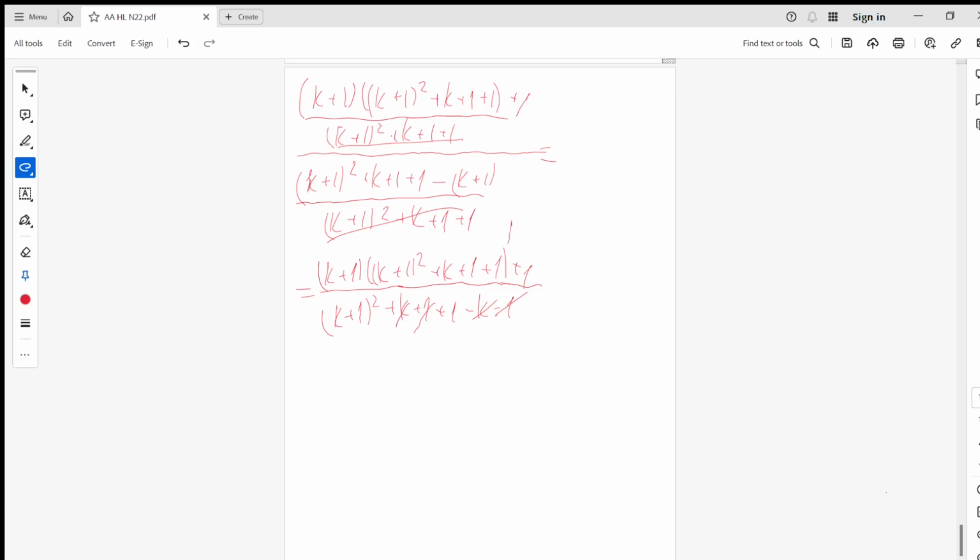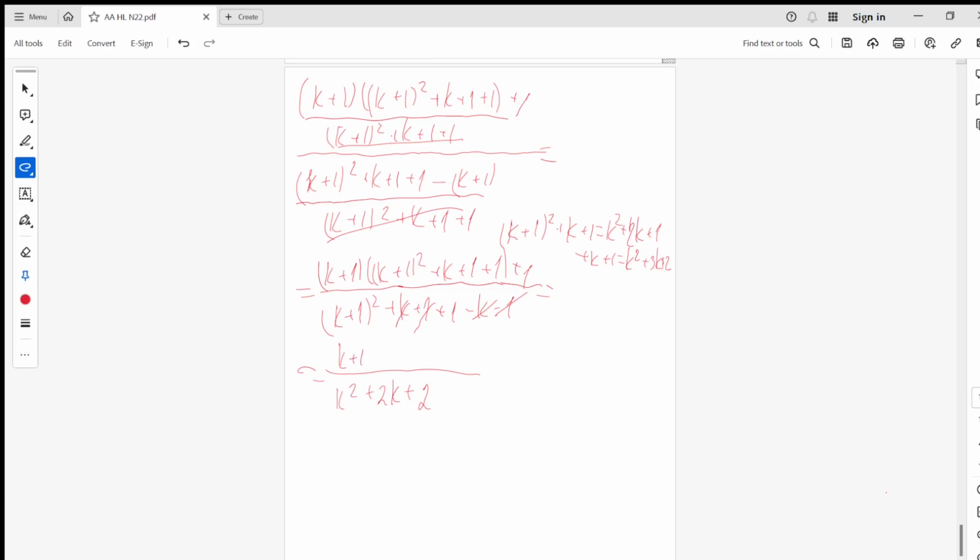Also, k plus 1 squared plus k plus 1, it's just k squared plus 2k plus 1 plus k plus 1, so it's equal to k squared plus 3k plus 2. And let's substitute it. And k squared plus 2k plus 1 and plus 1, so it's plus 2.